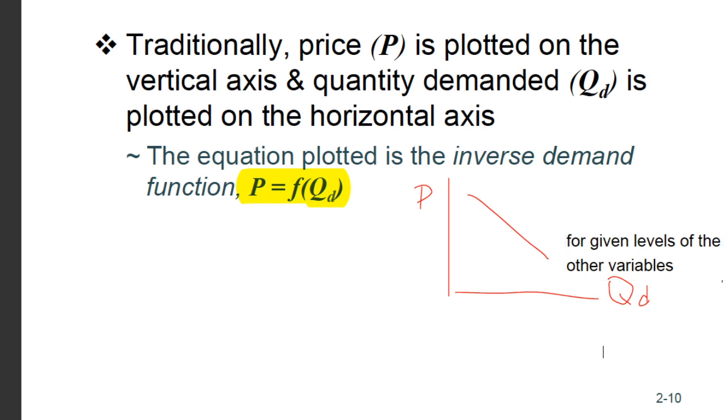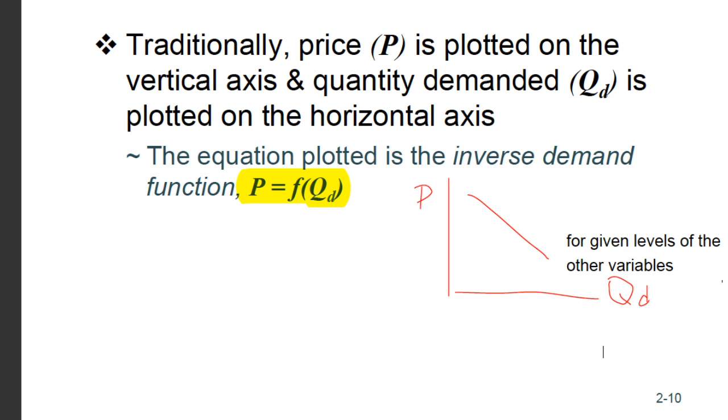So that line is for given levels of the other variables. If I change the levels of the other variables, then the line shifts. And it can shift in multi-dimensional ways if I change many at the same time. So I probably just change one at a time to see a mapping.